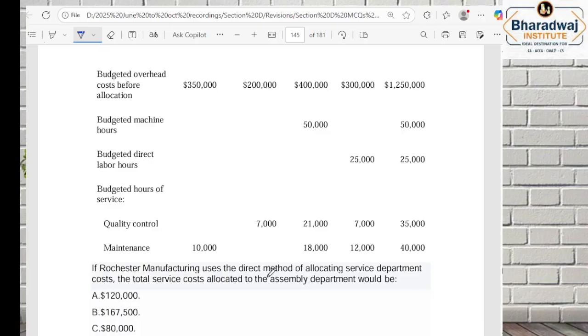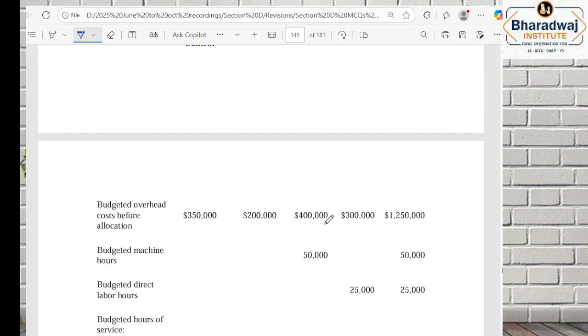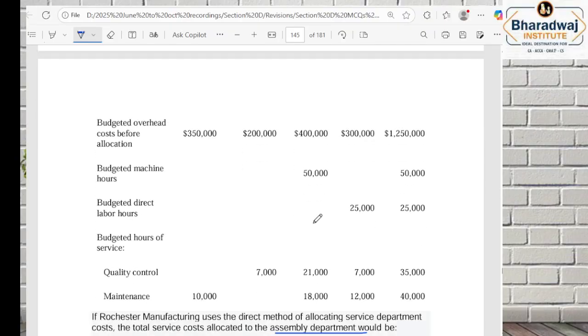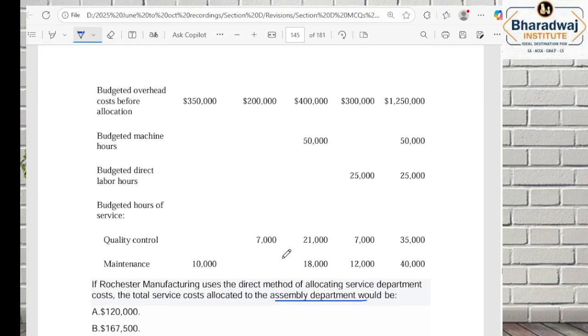Same question, assembly department, with the direct method.